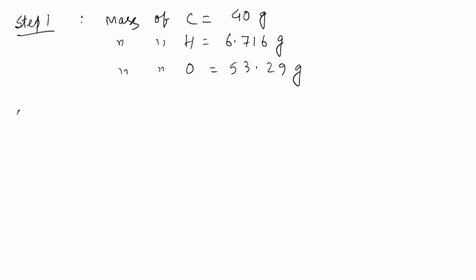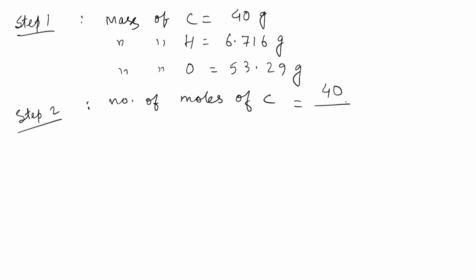Now, what is step 2? In step 2, we have to convert mass into number of moles. Okay. So, number of moles of carbon is equal to 40 divided by atomic mass of carbon, which is 12. So, this is equal to 3.33 moles.